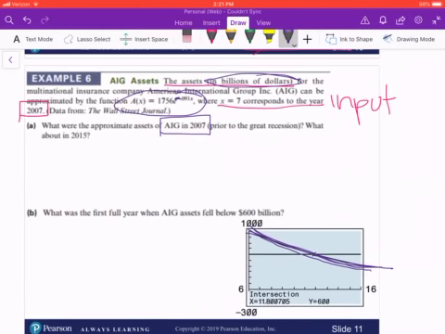So the assets for the year 2007, we will find x equals 7.